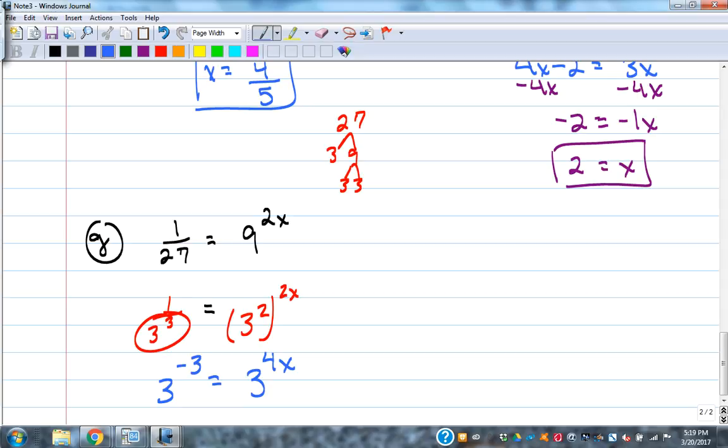And then on the right side, we multiply those exponents again. 2 times 2 is 4x. So anytime you need to move an exponent from bottom to top, change the sign of it. If it's positive, make it negative and it goes to the top. If it's in the top and you need to move it to the bottom, change the sign. Okay, and that moves it from top to bottom. And that gives us 4x is equal to negative 3, and x would be negative 3/4.